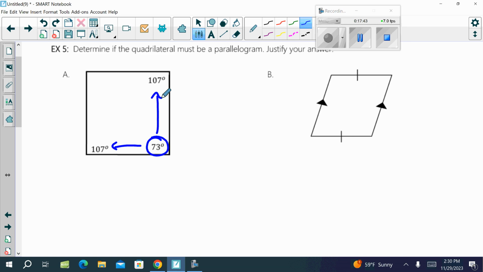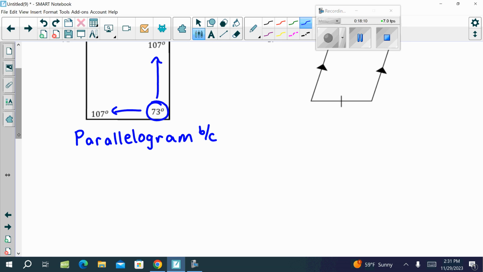So that may look like a square, but according to its property, it's a what? Parallelogram. Okay, so the question says determine if the quadrilateral must be a parallelogram. So we write parallelogram. So we name it, and then we justify because, and you write down the property you just used.